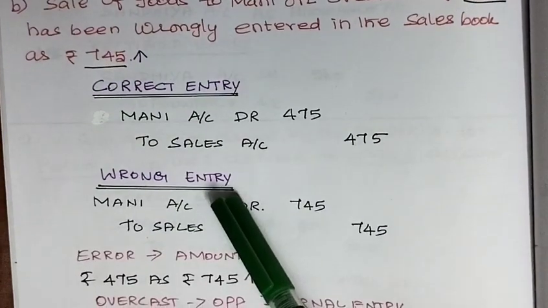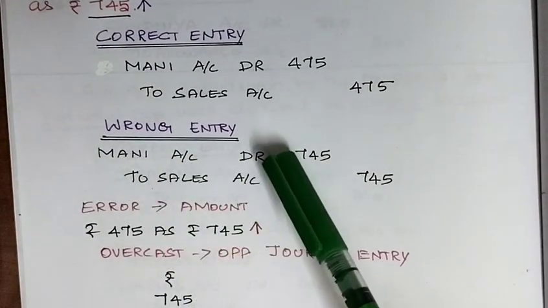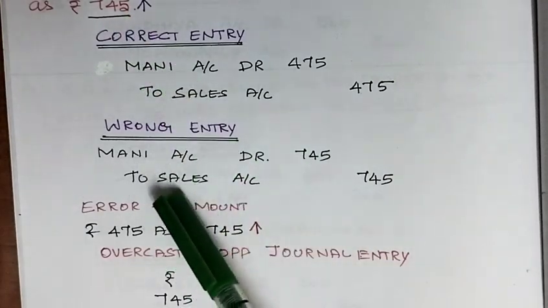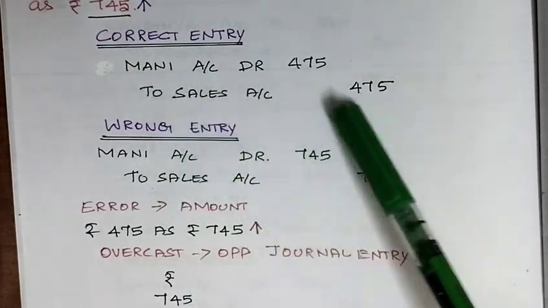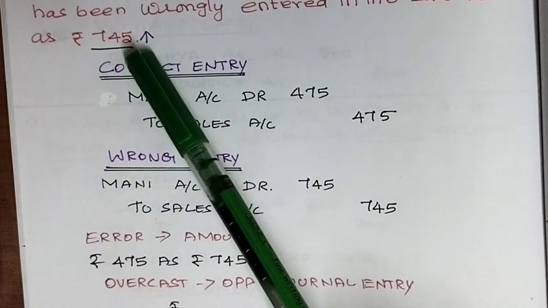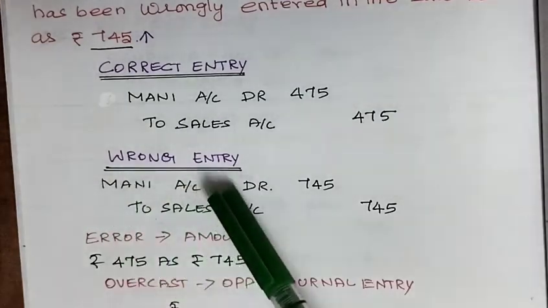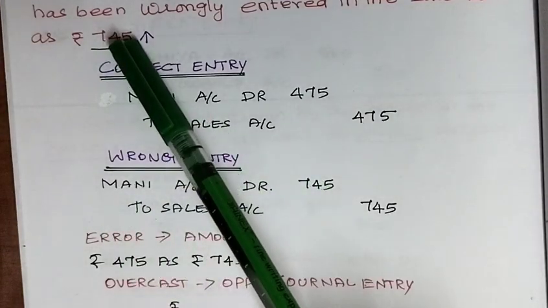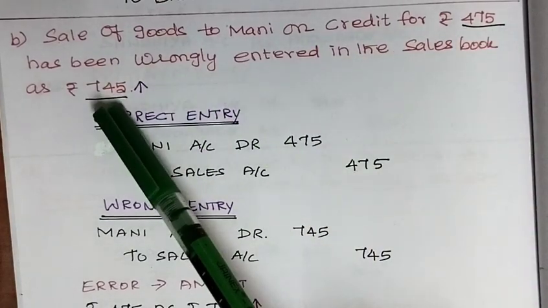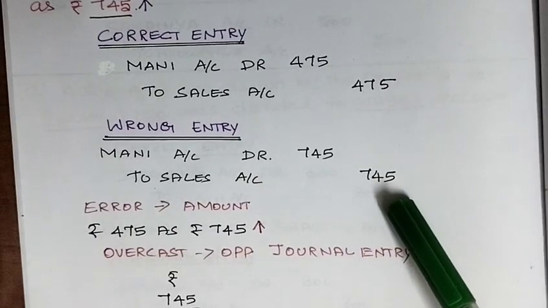Okay, so the wrong entry is Money account debit ₹745 to sales account ₹745. You got it? What is the wrong entry? An accountant made Money account debit ₹745.